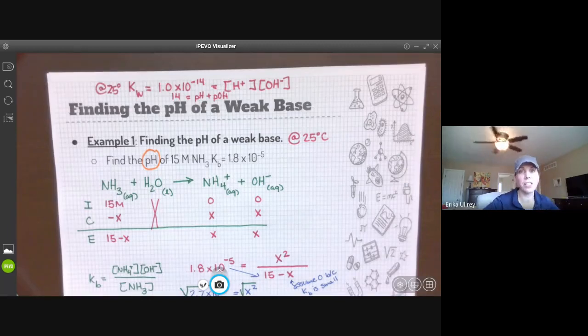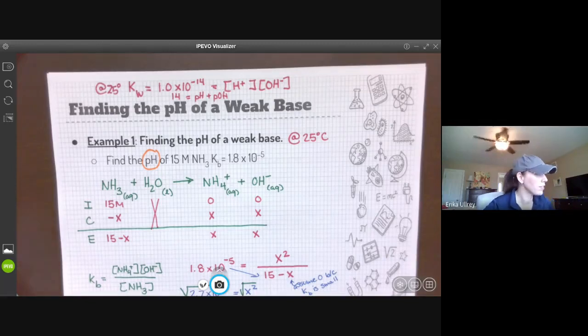So that's where the 14 comes from. If we had a temperature other than 25 degrees Celsius, then you'd set it equal to whatever the negative log of that KW would be. Does that make sense? Yeah. Yeah, so that's where it comes from.